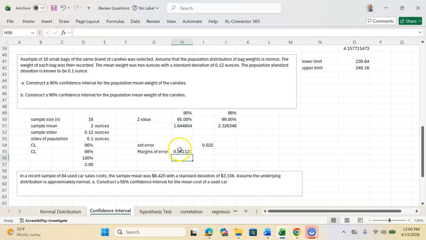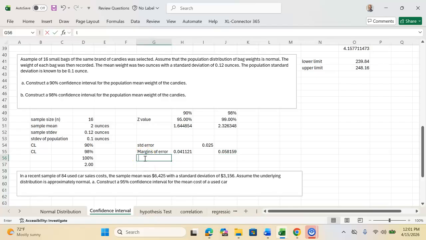So we get the margins of error when we consider 90%. And also, we can find margins of error by taking z times this standard error. And so in this case we have margins of error for both.